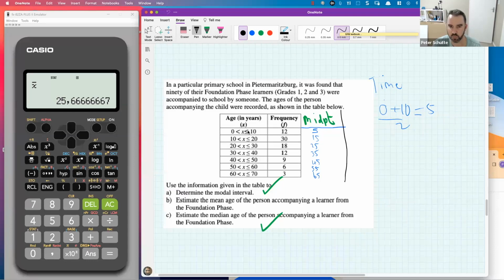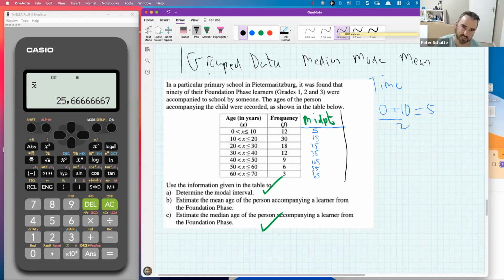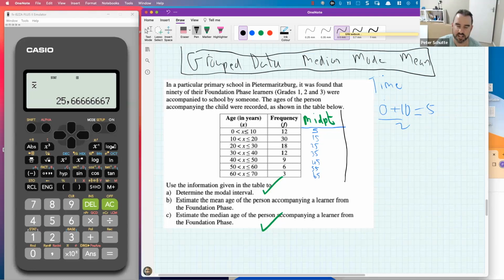It's just a question of what end points we use to find it. Today we did some revision at the beginning, and we primarily looked at grouped data and how to find the median, the mode, and the mean of data when it's in a grouped data table. That's really been the focus for today, and your quiz will be focused around that idea.